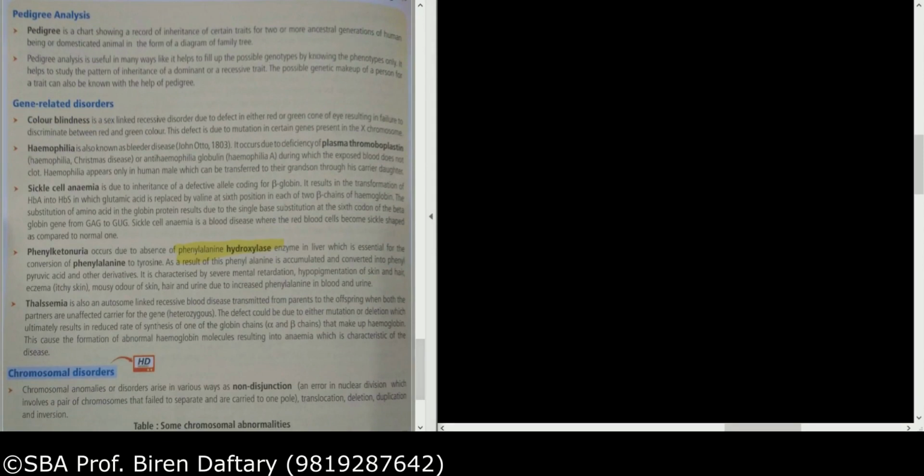Okay, so basically as given over here, pedigree is a chart showing a record of inheritance of certain traits for two or more ancestral generations of human beings or domesticated animals in the form of a family tree. So all the examples which we will be studying will be related to humans. Okay, now for you to understand what is a pedigree chart, you have to know some of the symbols which are present.